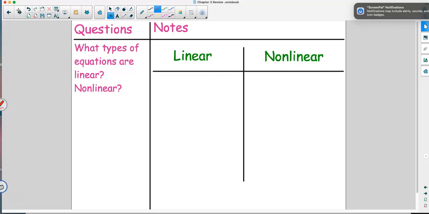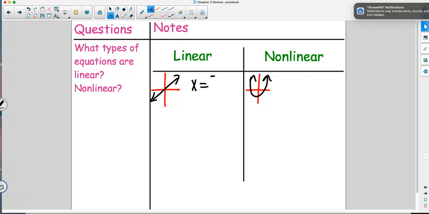So what are some classifications if something is linear or nonlinear? Well, obviously, if our line is straight, it's linear. If our line has any sort of curve, it's nonlinear. Equations are the toughest.